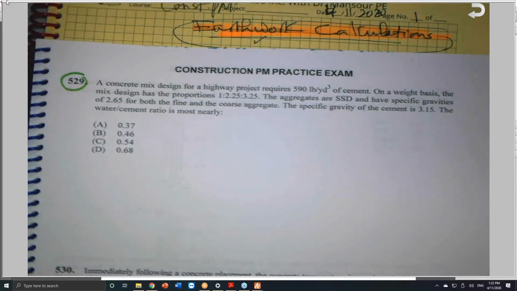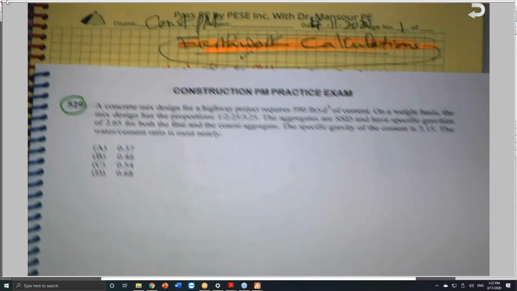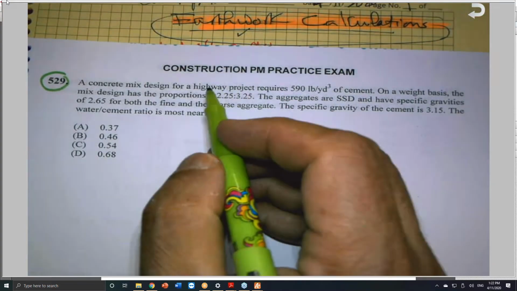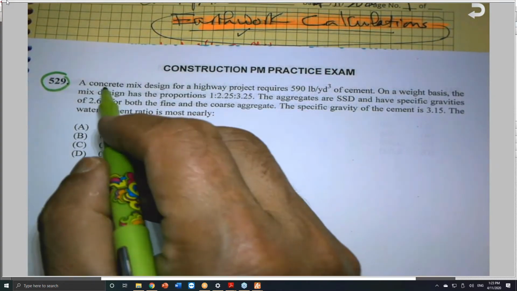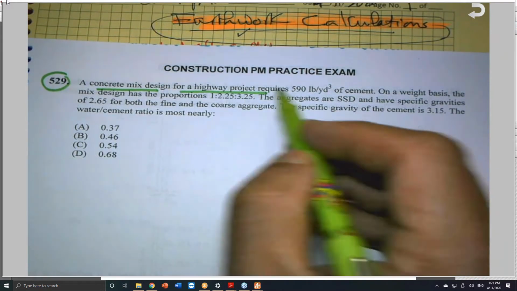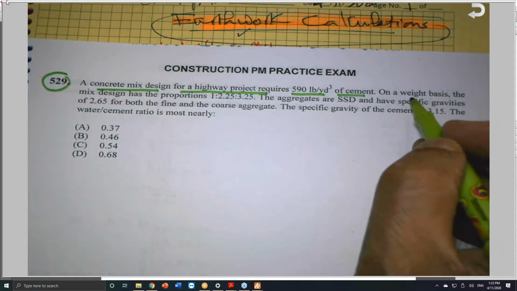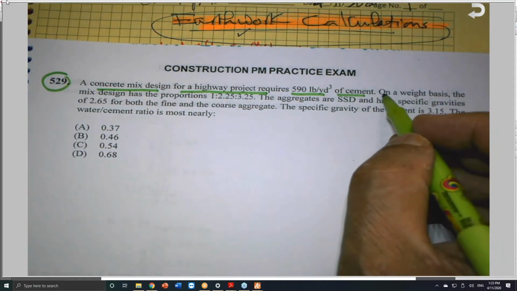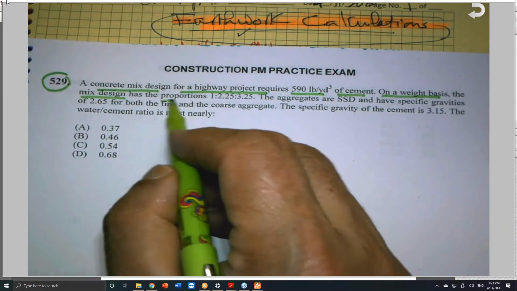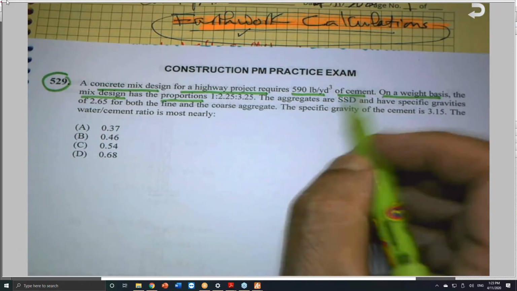If not, I may include it. A concrete mix design for a highway project requires 590 pounds per cubic foot of cement. On a weight basis, the mix design has the following proportions: 1 to 2.25 to 3.25.